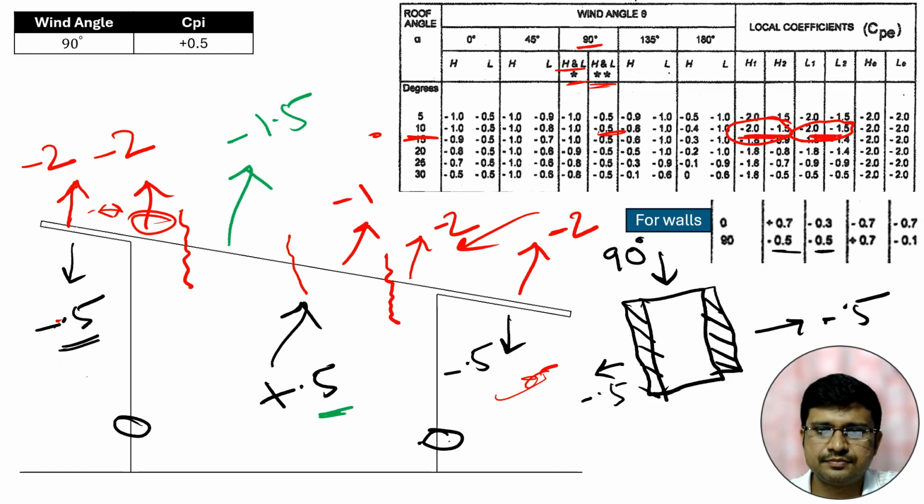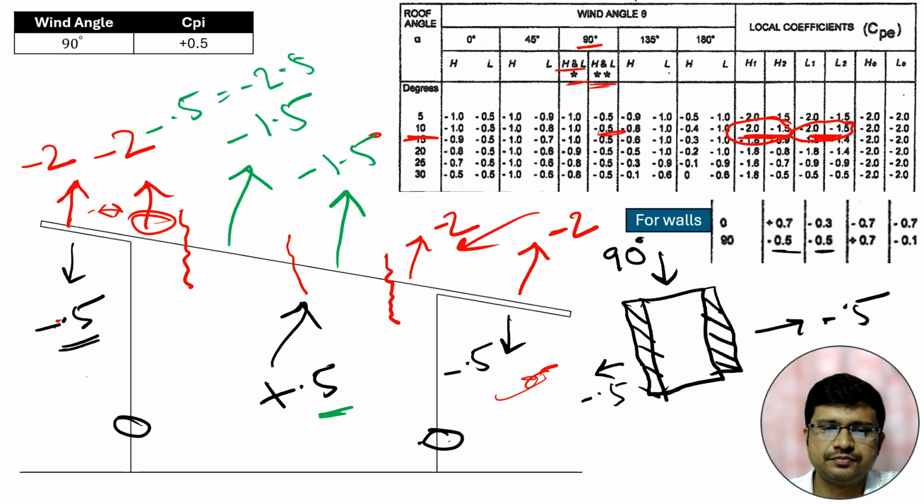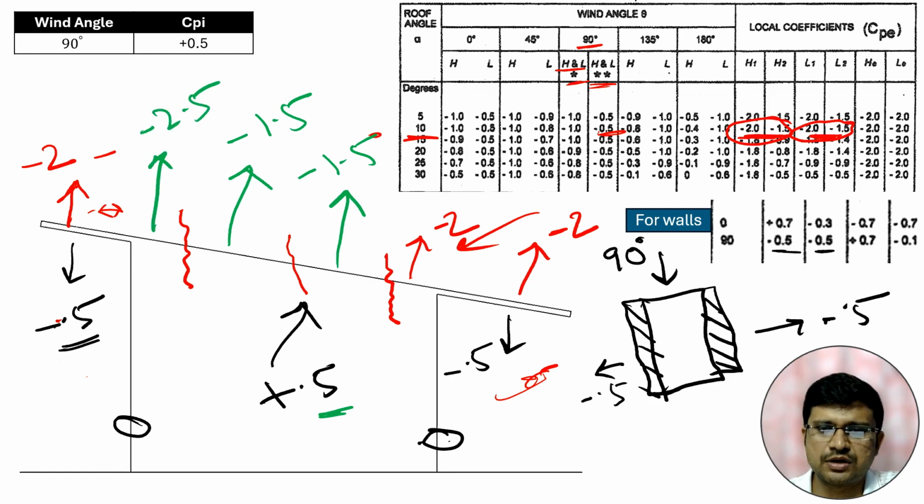Again here -1 minus 0.5 is again -1.5. Here -2 minus 0.5, so it will be -2.5. So in this local zone, CP minus CPI will be -2.5. Here also local zone, -2 minus 0.5, so it will be -2.5.